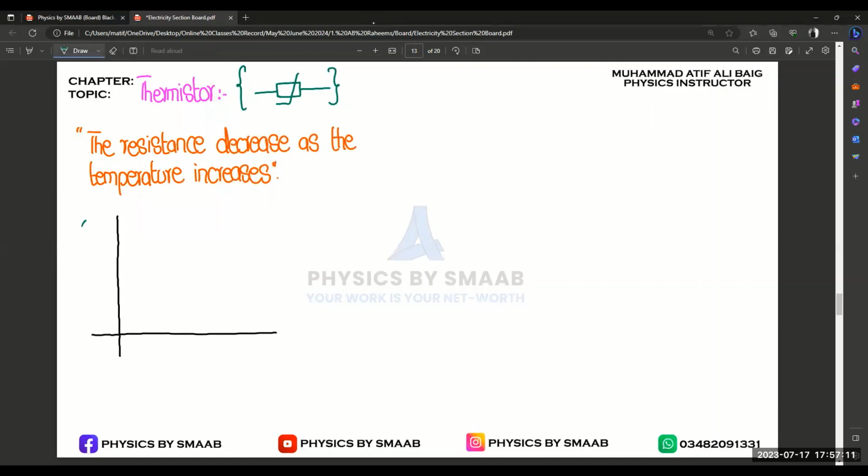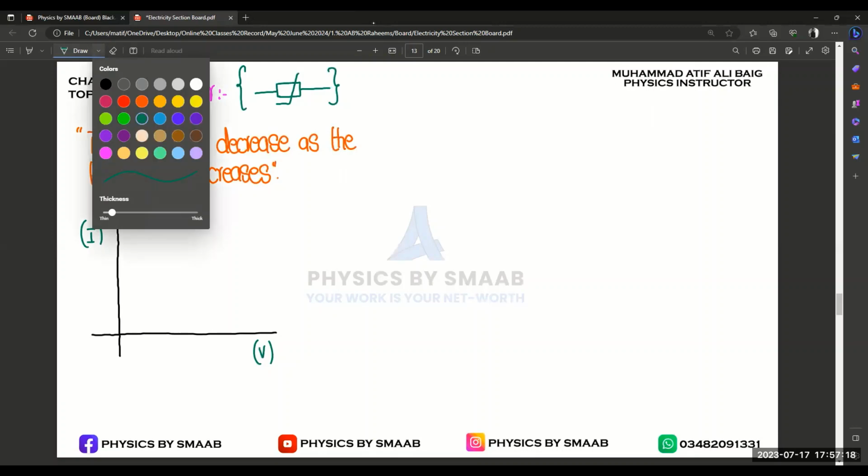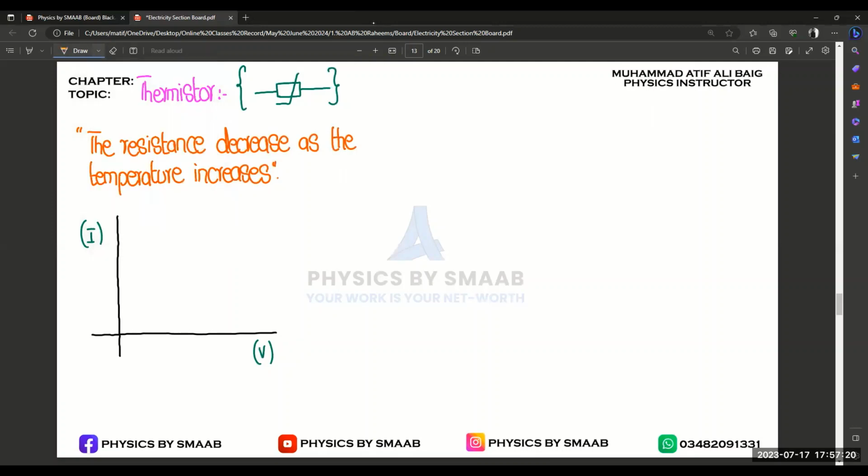On the y-axis we have the electric current, on the x-axis we have the voltage. So your graph will be opposite to the previous graph. It will be like this.